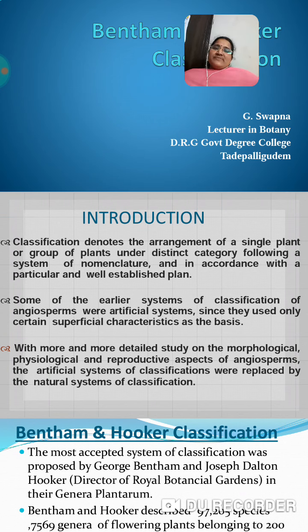Artificial system of classification is done based on only one or two artificial characters. The scientists observe and study only one or two characters, and based on those they classify the plant. Such classification is known as the artificial system of classification.